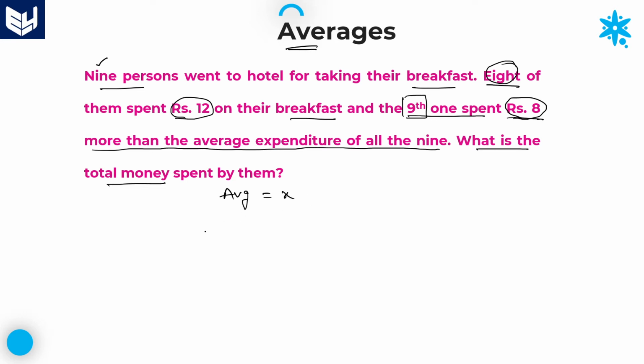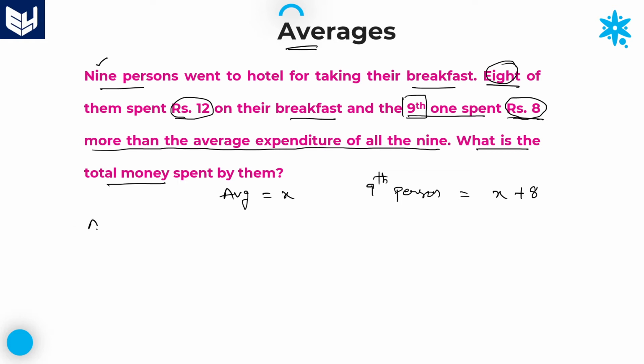So the ninth person spent 8 rupees more than the average expenditure of all the 9. Therefore, the ninth person spent x plus 8 rupees.